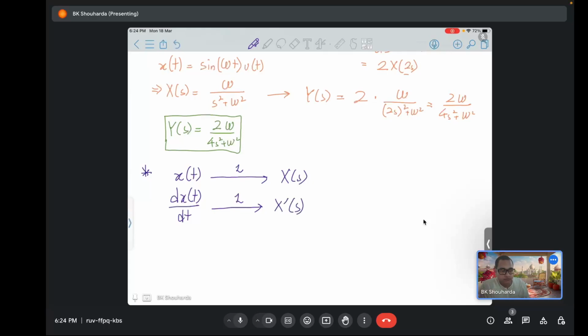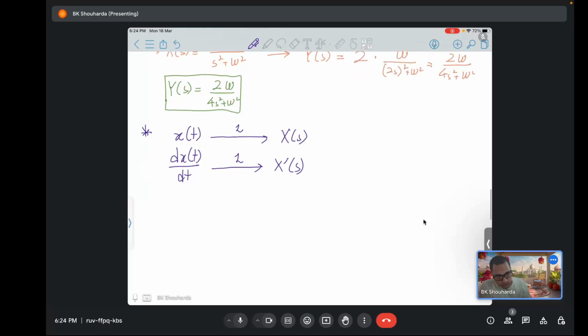Okay, so you see X(s) is the integral from minus infinity to infinity of x(t) e to the power minus st dt. Okay, and as an alternate formula, x(t) is 1 upon 2 pi j times the integral.